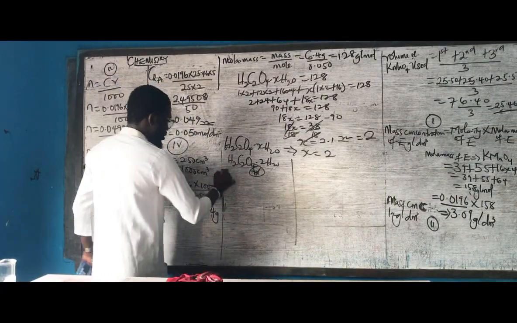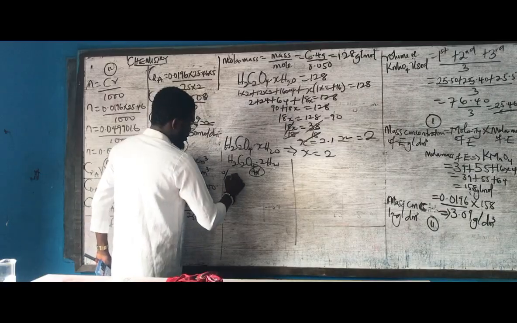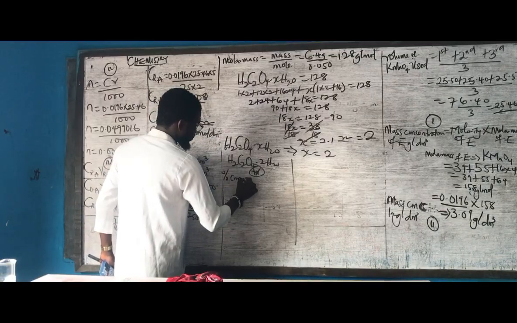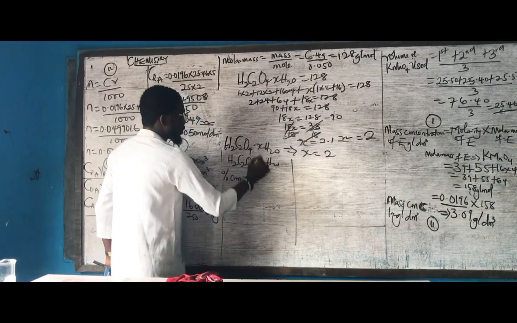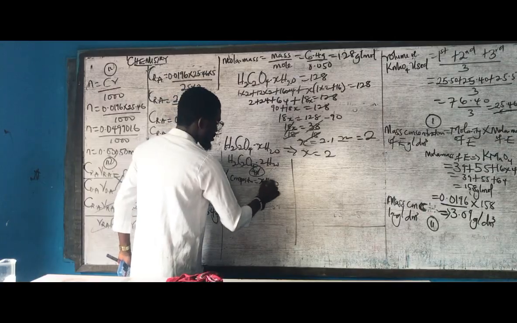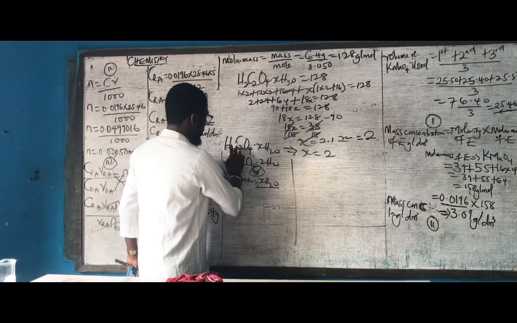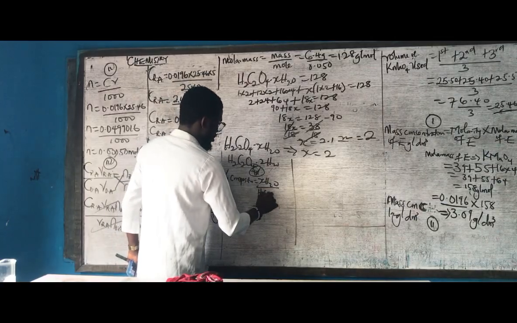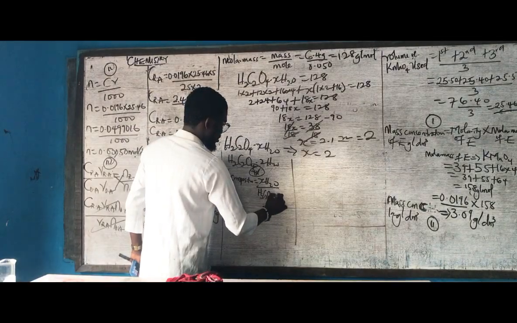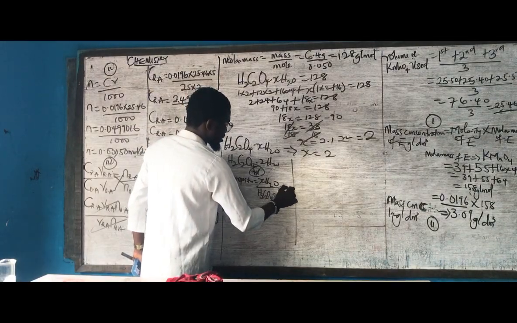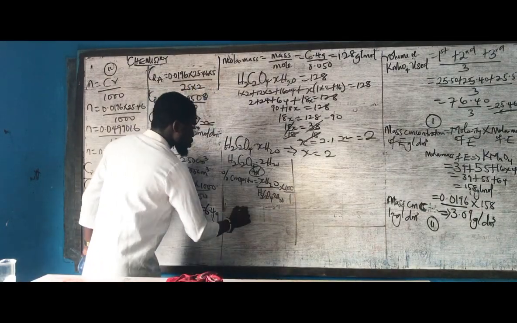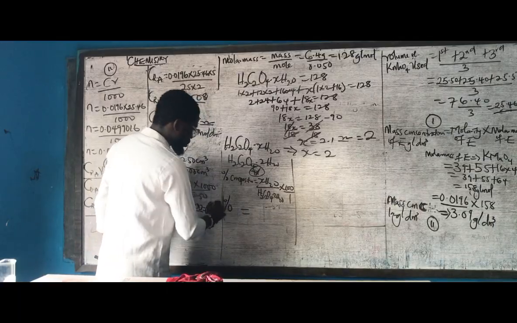So we said percentage composition will give us this over this times 100 over 1.